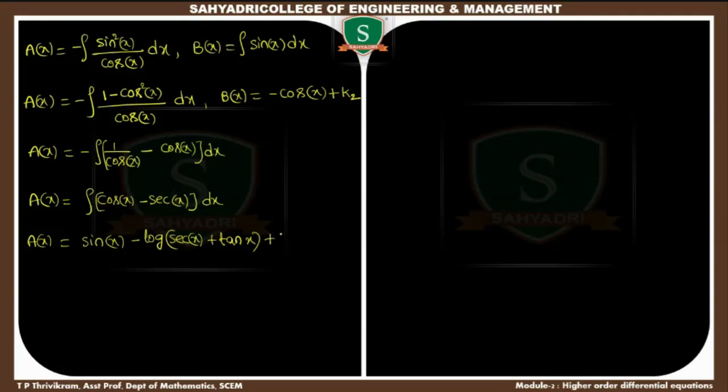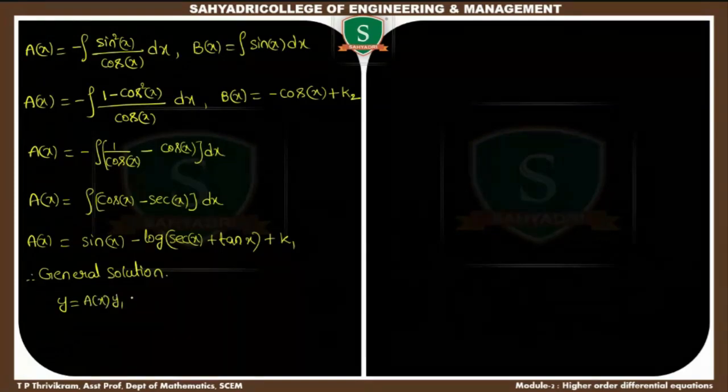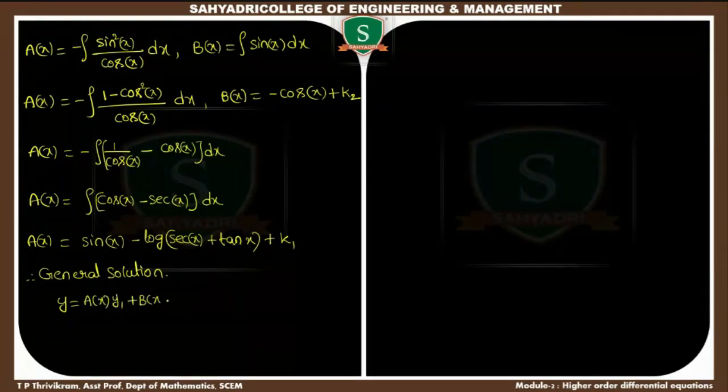Integrating constant plus k1. So therefore, general solution: y is equal to a of x into y1 plus b of x into y2.